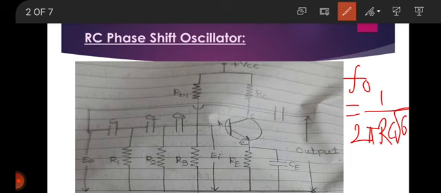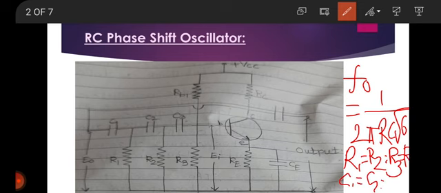And here R1 is equal to R2 is equal to R3, which is equal to R. And similarly C1 is equal to C2 is equal to C3, which is equal to C.